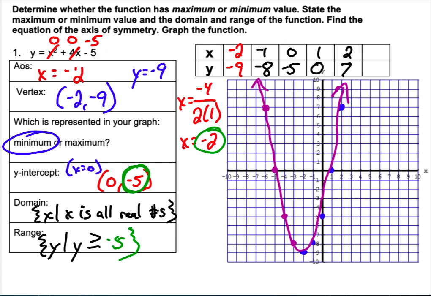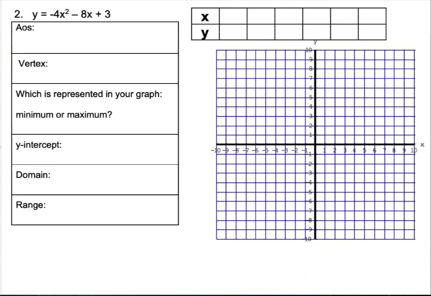And then I always want to draw in that axis of symmetry as well. That was my x equals negative 2. Okay. So a lot of the features are going to be the same as vertex form. We just have to do a little bit of work at the beginning to find that axis of symmetry and vertex.